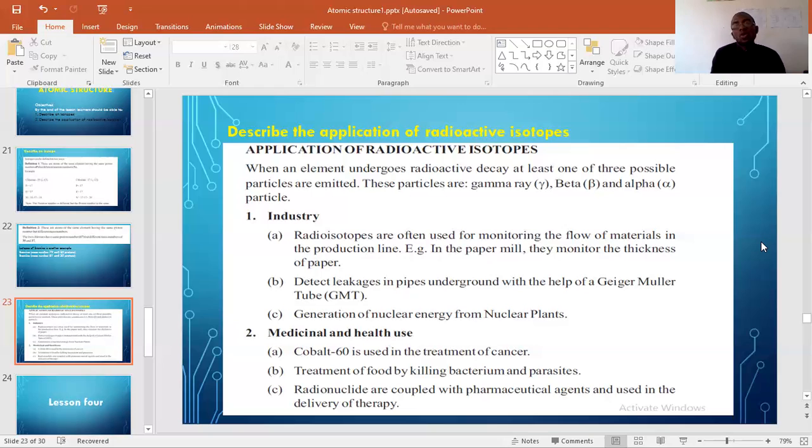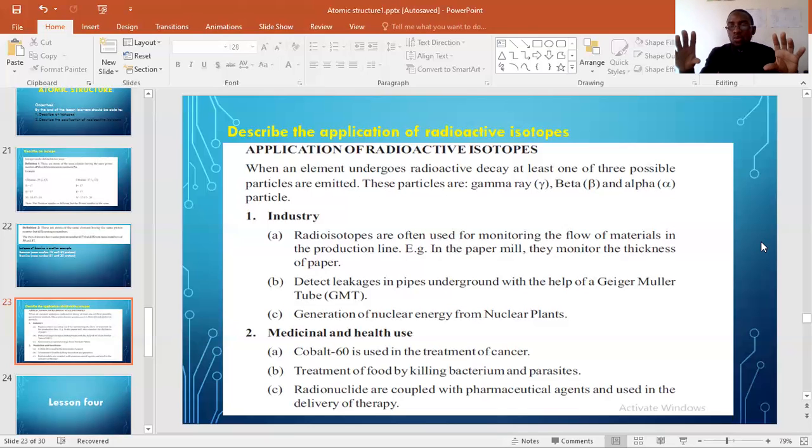So we use what we call a GMT. A GMT is passed over the suspected area where you feel you might have some leakages, and then using the radiations, those rays, they'll be able to go into the ground and give feedback on the device to tell you which area it is.